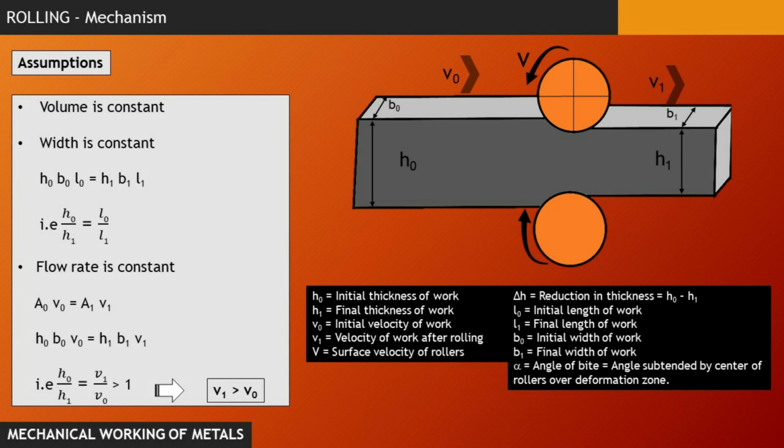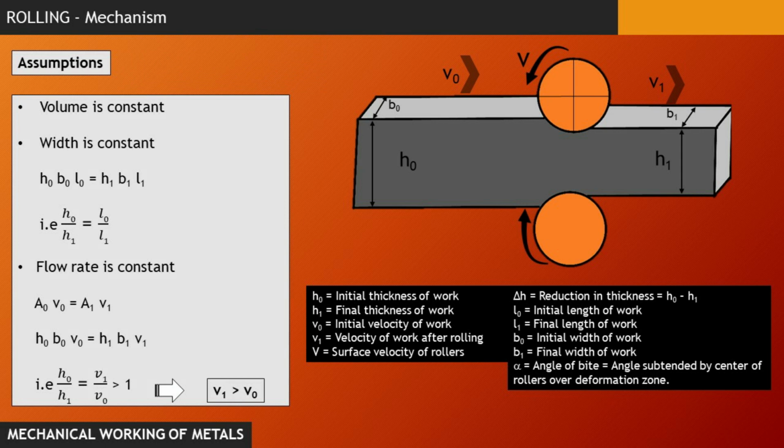In practical sense, it's not at all possible, because as far as hot rolling is concerned, oxide layer generation and scale formation will be there, and due to the scale formation, the volume will be considerably reduced. But for the sake of understanding the process, we are assuming the volume is constant. We are taking an ideal condition. Also, the width remains constant.